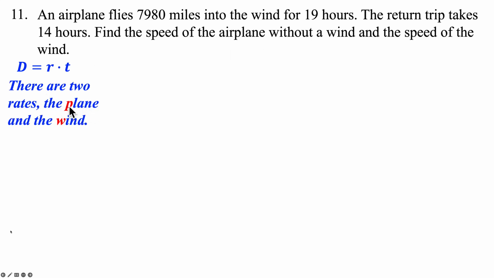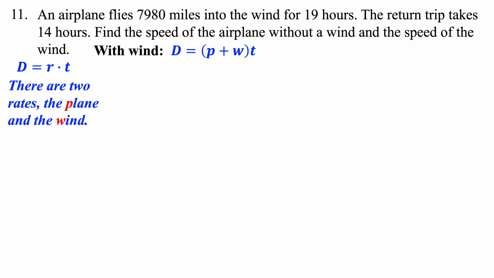Now, however, we have to find the speed of the plane. So I'm going to use the variable p and the rate of the wind. There's actually two rates going on here, so this r is going to be in parentheses. If you fly with the wind, the plane plus the wind speed is going to speed things up. So let's say I'm flying at 300 miles per hour and I have a 20-mile-an-hour wind pushing directly behind me.